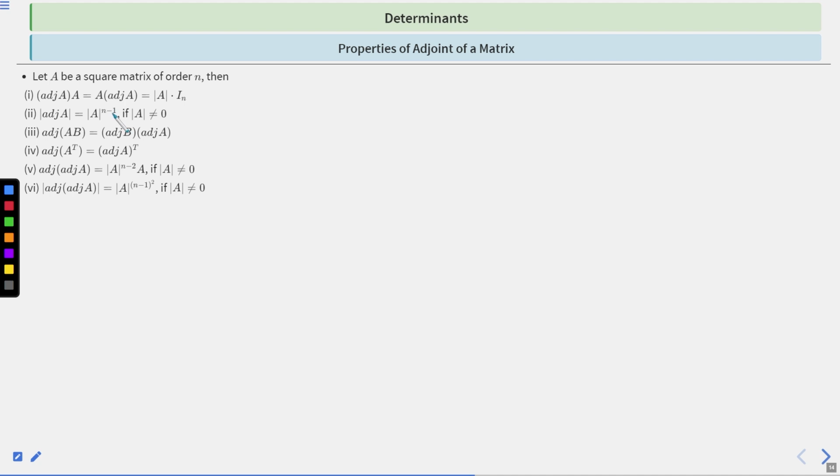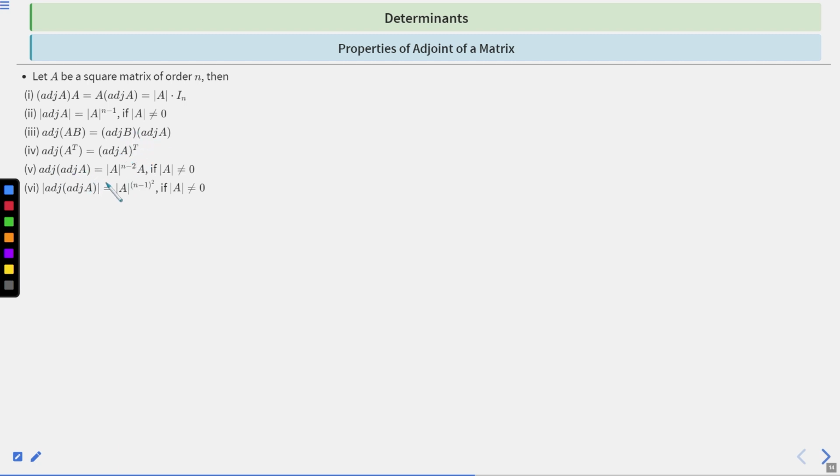Let A be a square matrix of order n, then A into adj A is equal to adj A into A equal to determinant of A into In. Also, determinant of adj A can be calculated as determinant of A to the power n minus 1, if determinant of A is not equal to 0. Adjoint of AB can be written as adj B into adj A. Also, adjoint of A transpose is basically the transpose of adjoint of A. Clear?